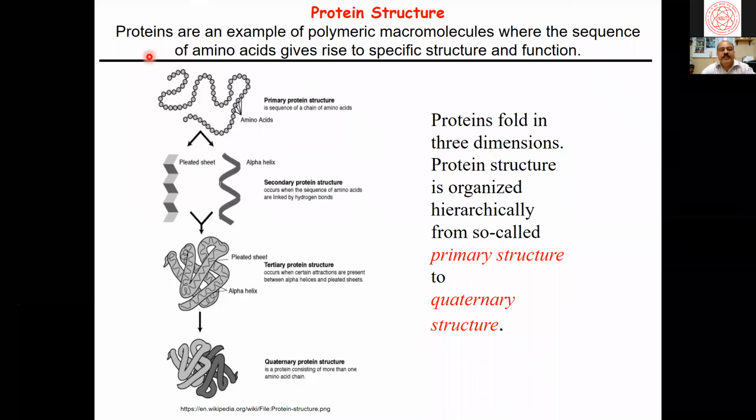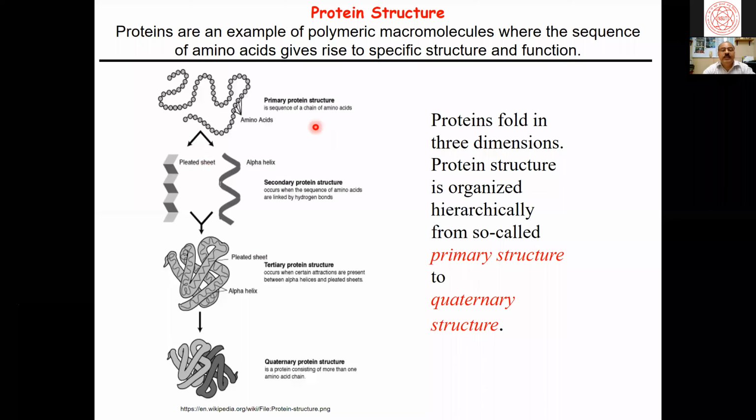These are examples of polymeric macromolecules where the sequence of amino acids gives rise to specific structure and function. So the protein folds in 3 dimensions, and structure is organized hierarchically, from the so-called primary structure, which is a chain sequence of amino acids, and then you have a secondary protein structure.